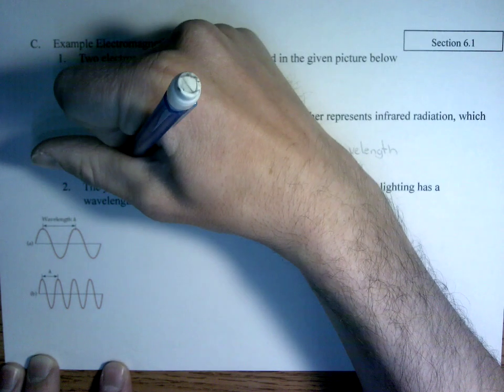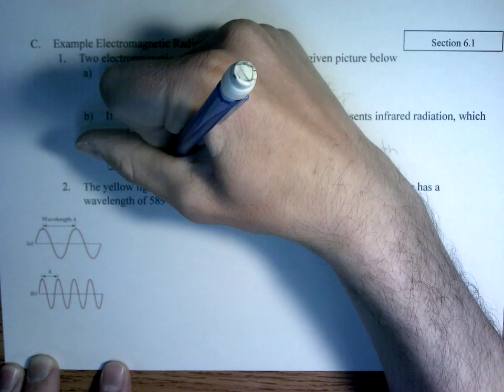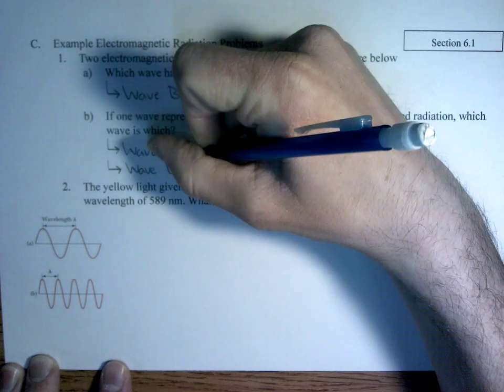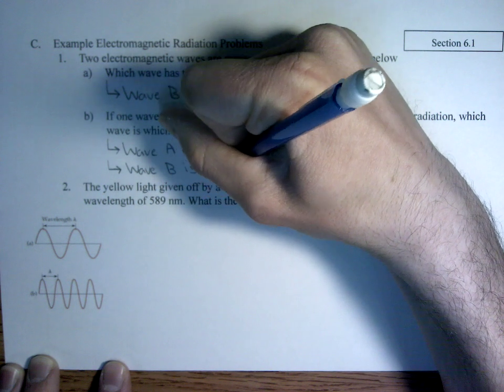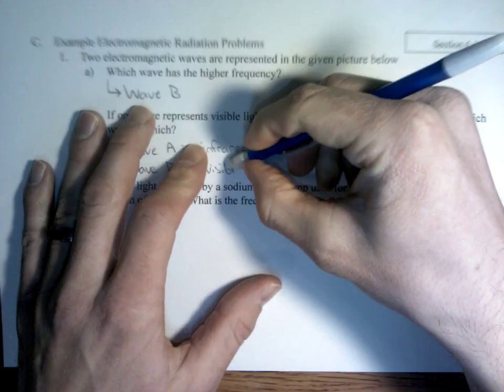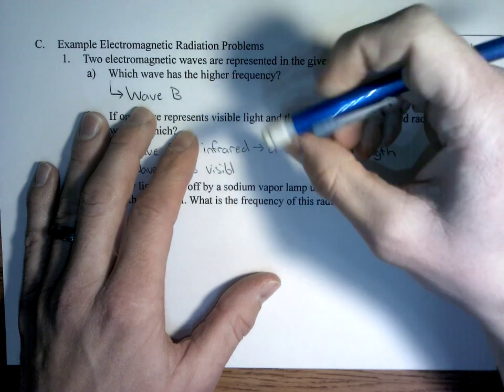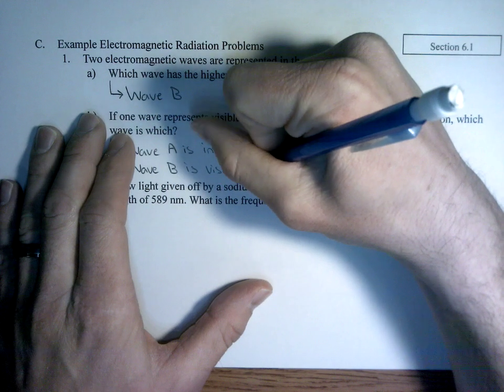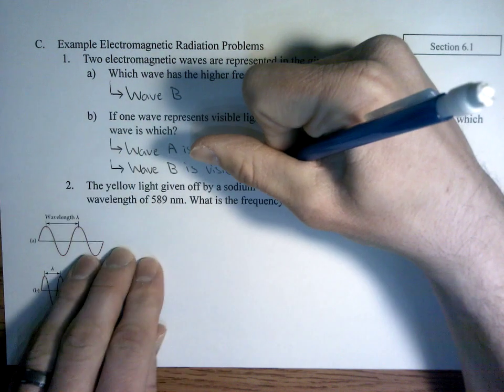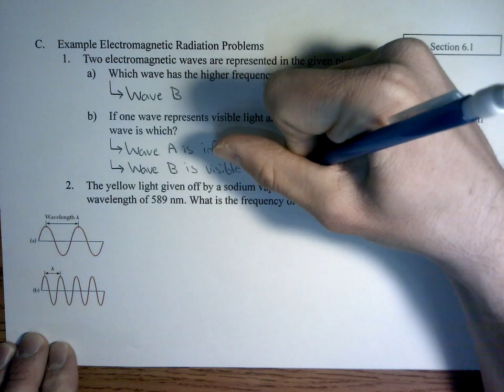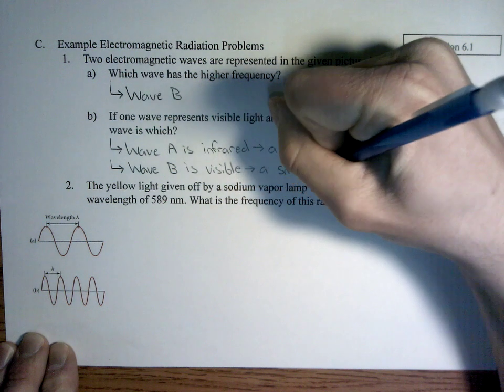Wave B is visible light, because it has a smaller wavelength.